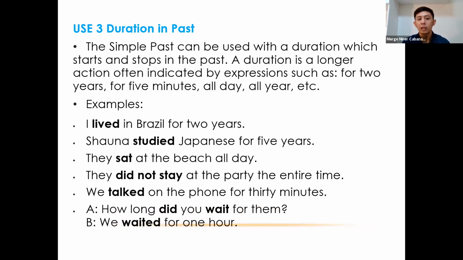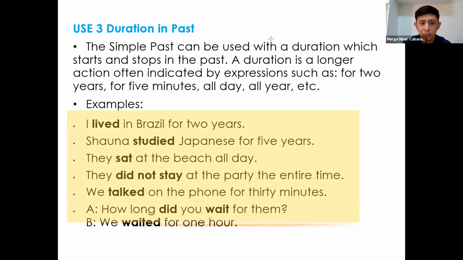Duration. For 2 years, for 5 years, yes, you can also use duration in the past. But as compared, take a look at this. Let us compare with my previous present perfect continuous tense. Okay, let me compare. Oh, white. I need to use white.